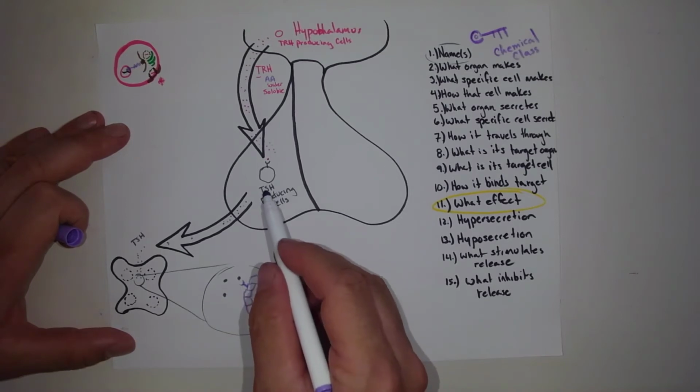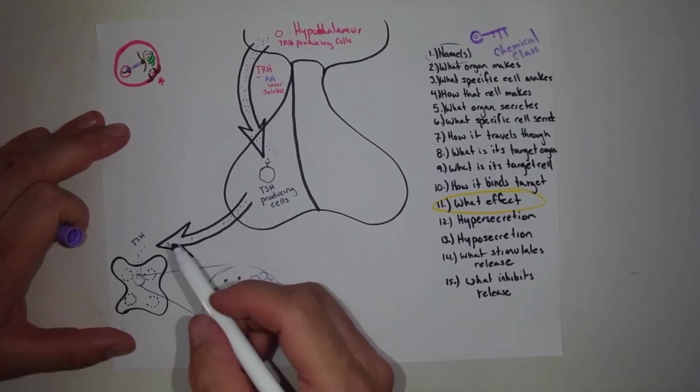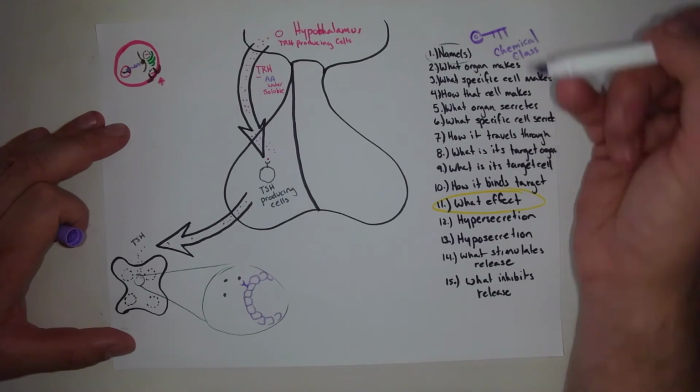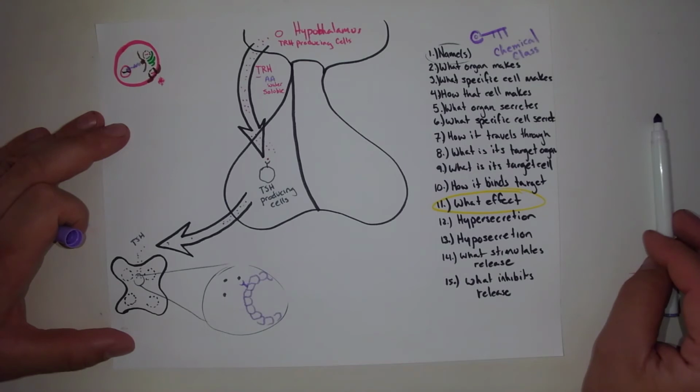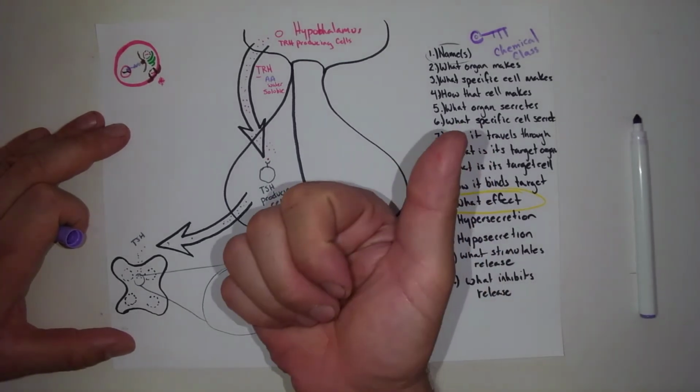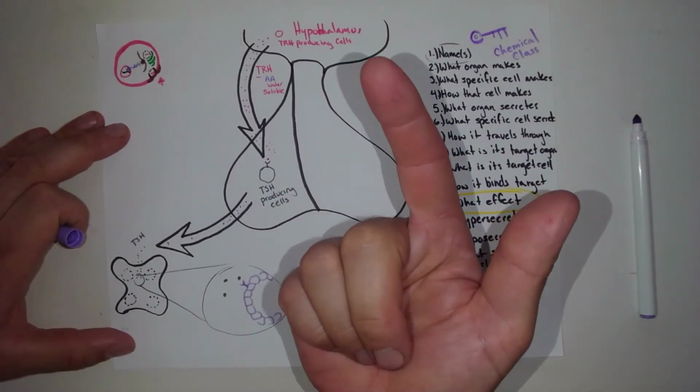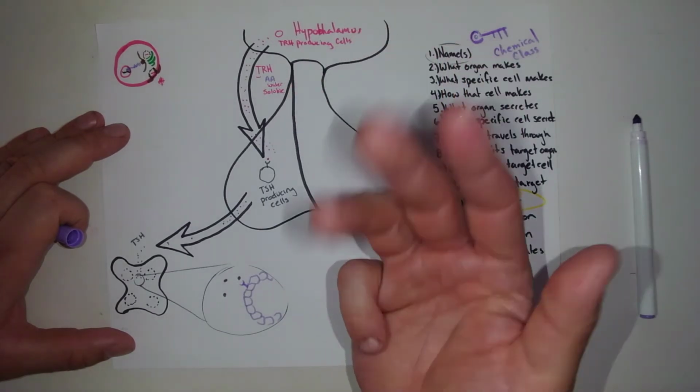Because I know the chemical class for TSH. It's an amino acid-based hormone. I know that because it's not one of the steroid hormones. It's not made in the placenta, the adrenal cortex, or the gonads, testes or ovaries.